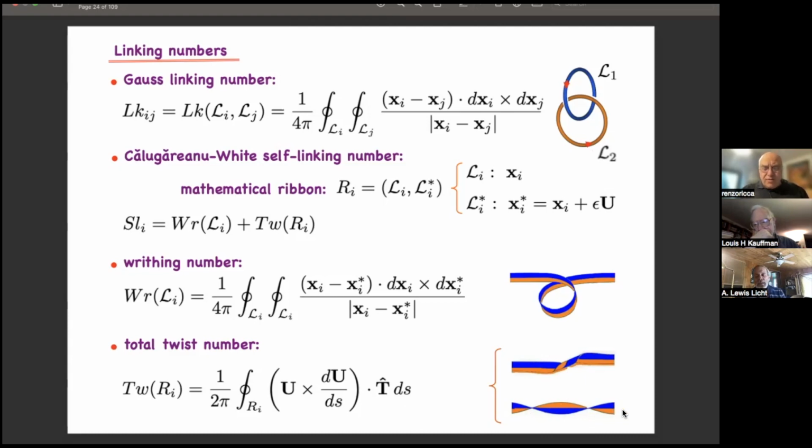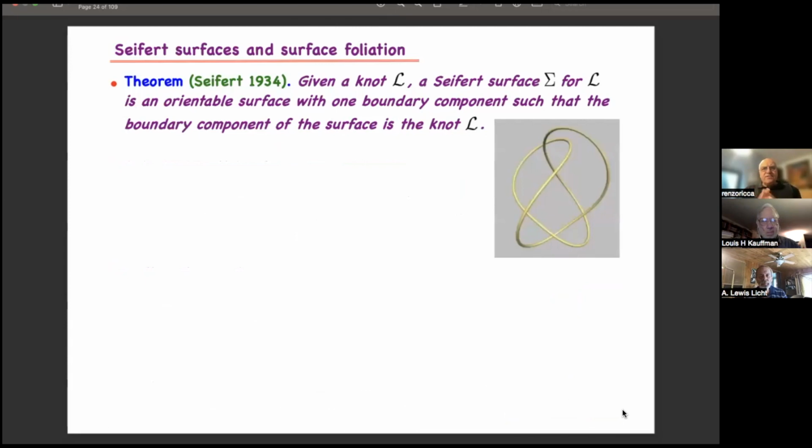Of course, I refer to closed curves and closed ribbons all the time. Now, Seifert surfaces are also very interesting tools for research. We all know this: given a knot L, a Seifert surface for L is an orientable surface with one boundary component, such that the boundary of the surface is the knot.